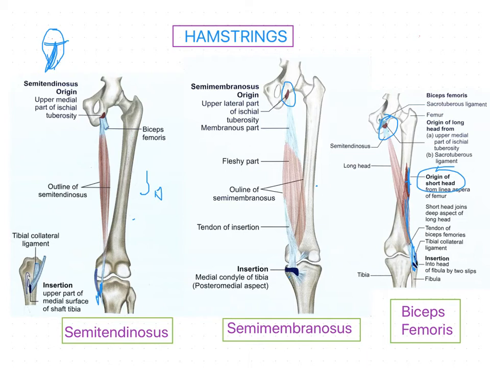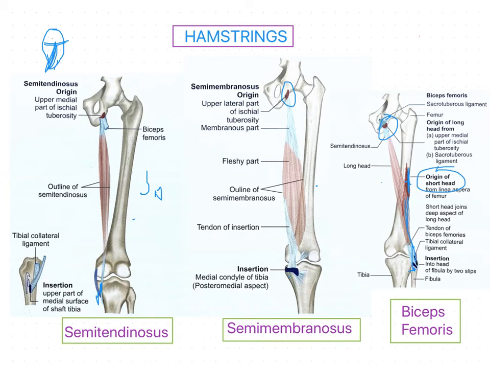This is one interesting aspect of this insertion. When the knee is flexed, the biceps femoris produces a limited lateral rotation of the leg because of this. And this one is supplied by the tibial part of the sciatic nerve.